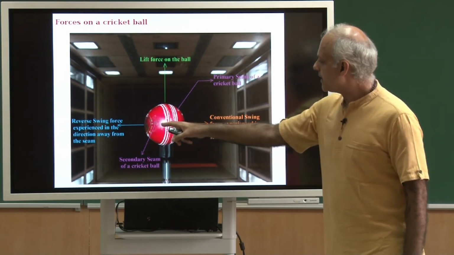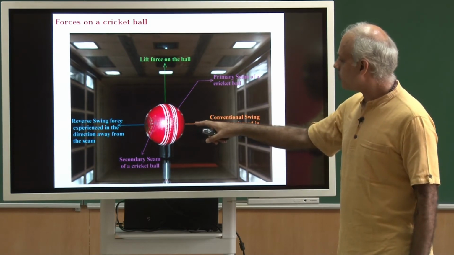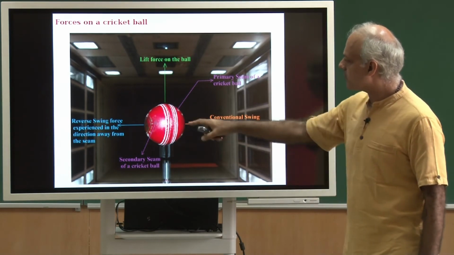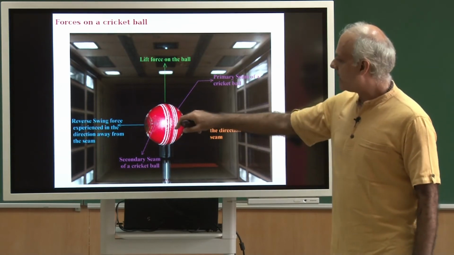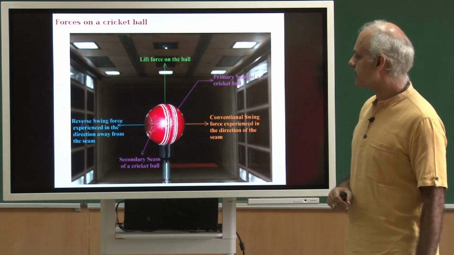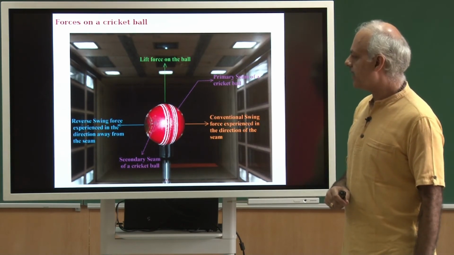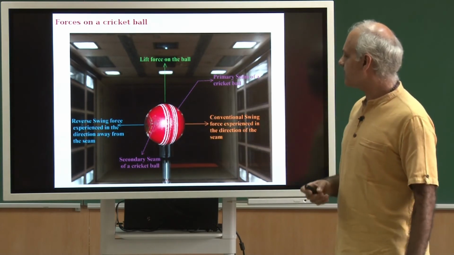So the primary seam and then the secondary seam is also shown. So if I get a force in this direction, in the direction of the seam, that's the conventional swing force, and if I get a force in the other direction, that would be reverse swing, as the name suggests, okay, and therefore the ball would reverse if I get force in the other direction.